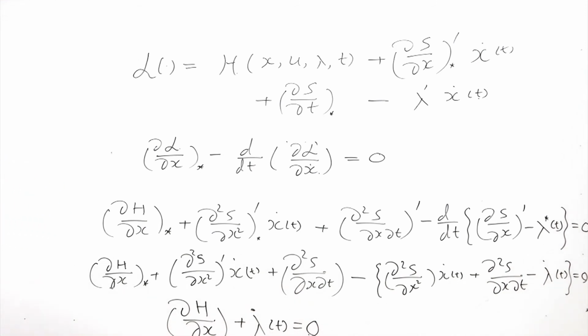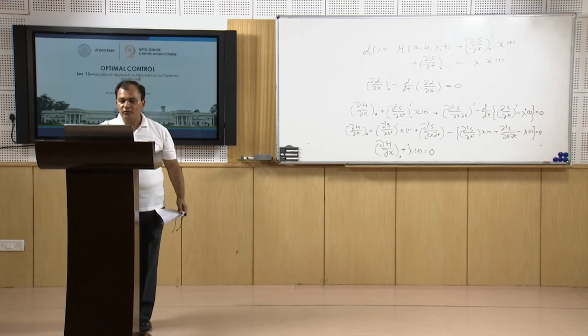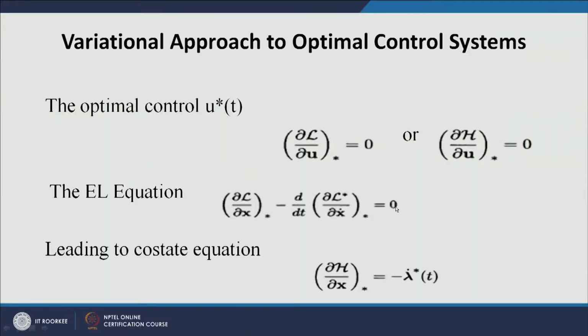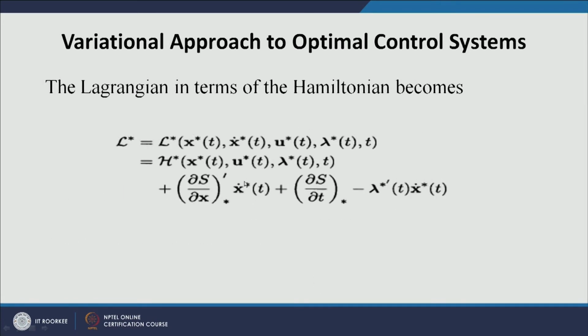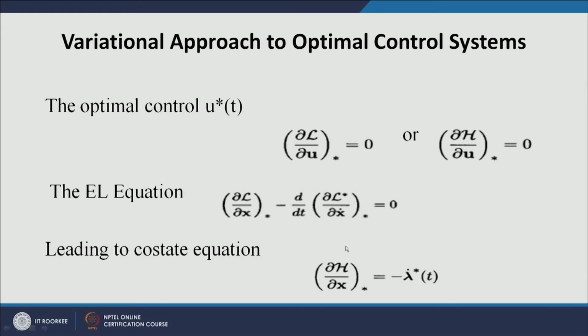So, if I expand this EL equation in terms of the Lagrangian, and use the Lagrangian in terms of the Hamiltonian, this equation finally leads to del h by del x equal to minus lambda dot t, and this is known as my co-state equation.